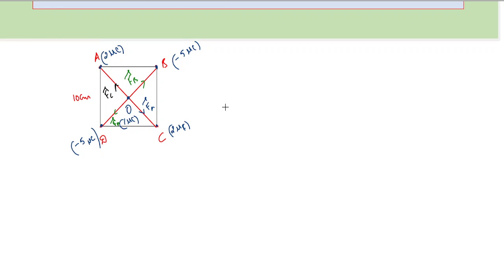So the net force, we call it capital F. The net force is equal to the vector sum of each force. This is called the principle of superposition of vectors.